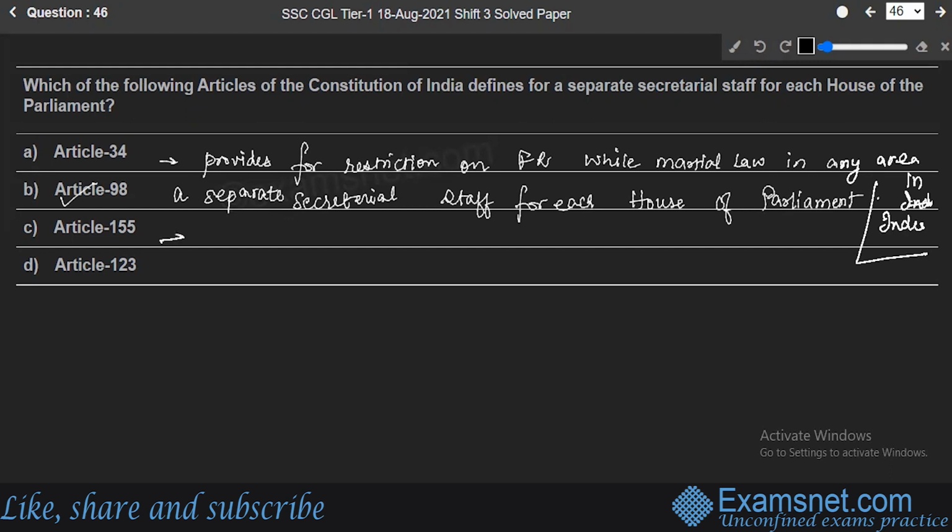Article 155 is related to the appointment of governor of a state.